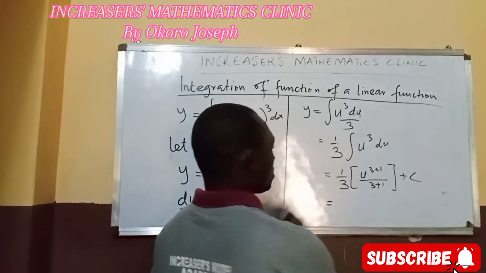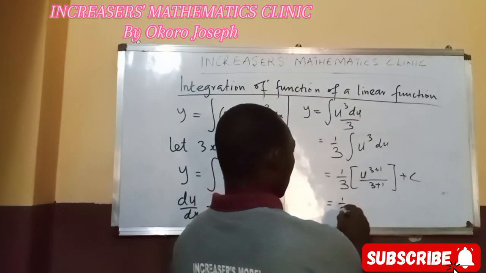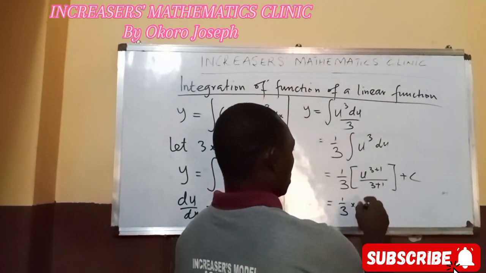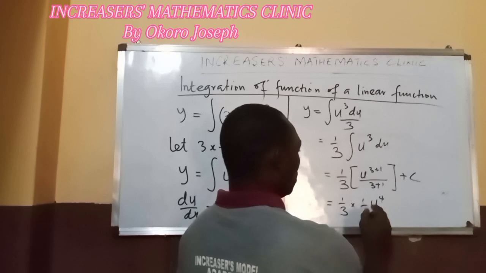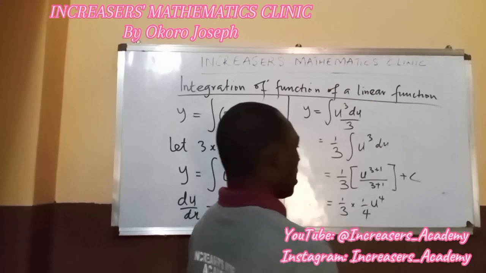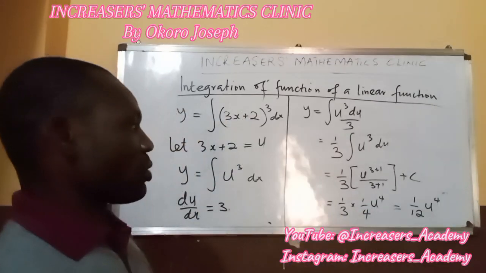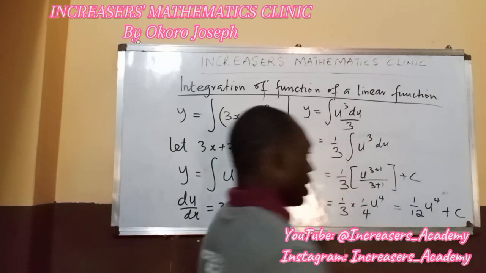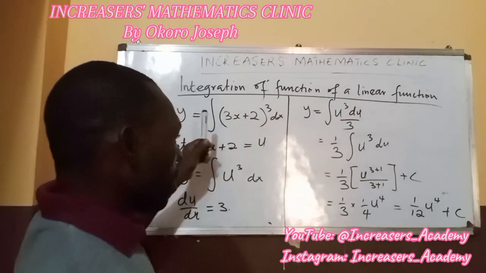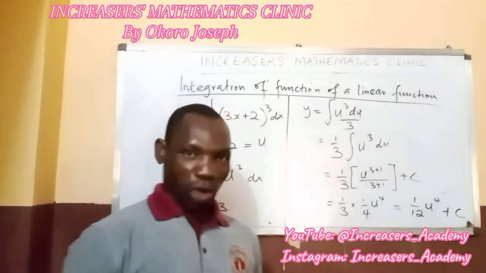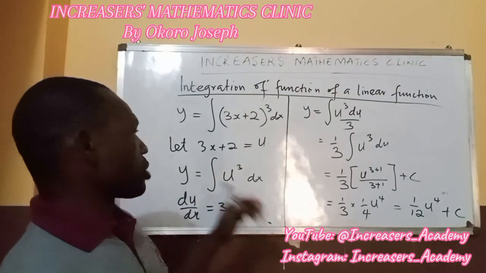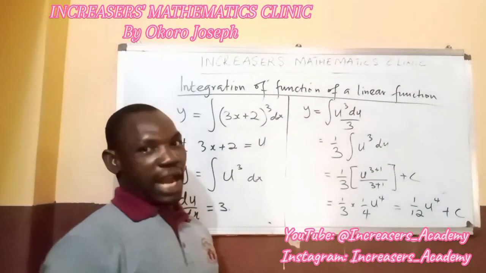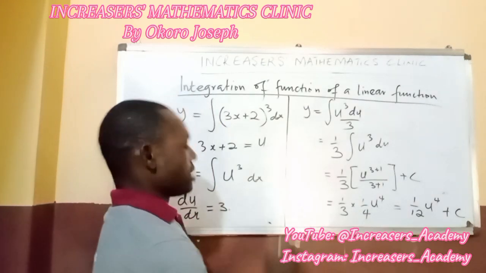So our result here will now be 1 over 3 times 1 over 4 u raised to power 4, and that will give 1 over 12 u raised to power 4 plus c, which is the integral of this particular function. But remember that we replaced 3x plus 2 with an arbitrary constant u, and that is what we have here.